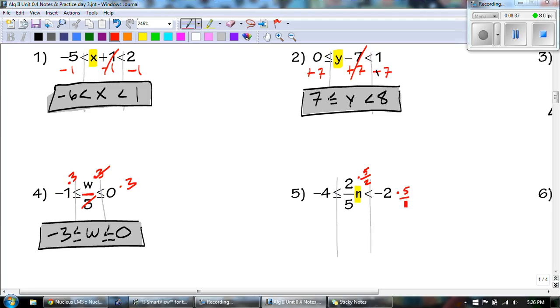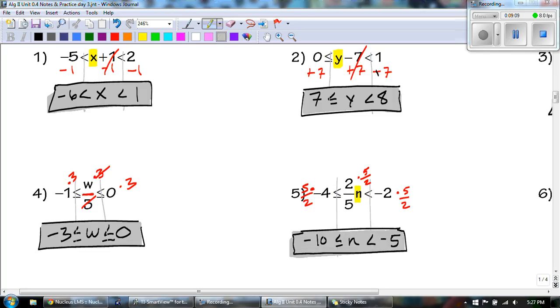So what I do to one side, I have to do to the other. 5 times 4 is 20. 20 divided by 2 is -10, less than or equal to the n by itself. -2 times 5 is -10. -10 divided by 2 is -5. Okay? And if you're using your calculator for this, remember to put that in parentheses. Okay?